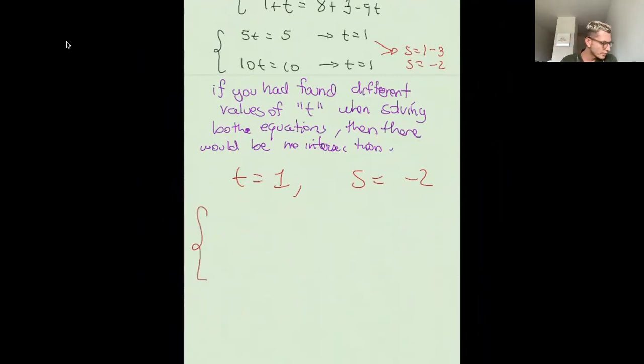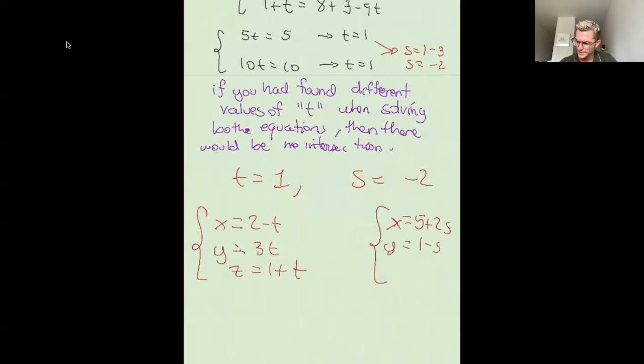And again, one of the equations was X equals 2 minus T, Y equals 3T, and Z equals 1 plus T. And the other was X equals 5 plus 2S, Y equals 1 minus S, and Z equals 8 plus 3S.